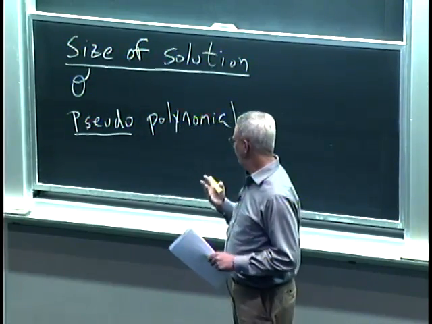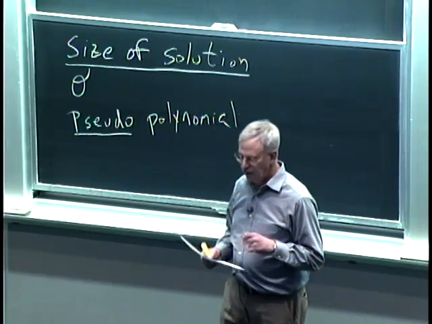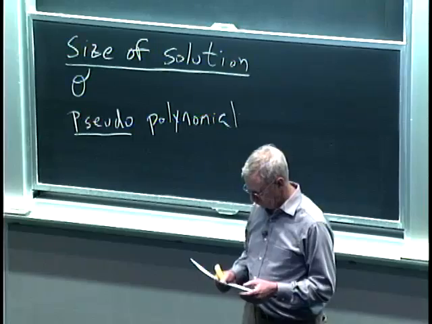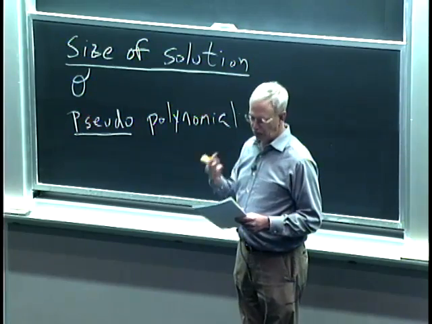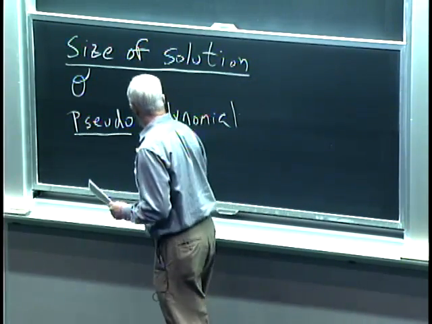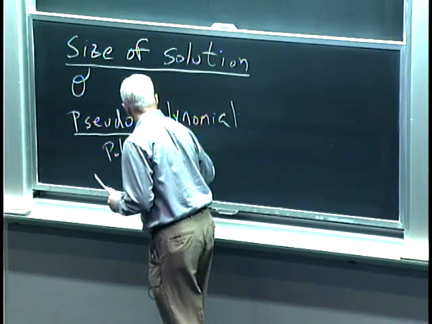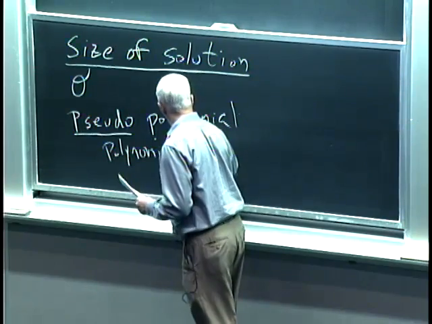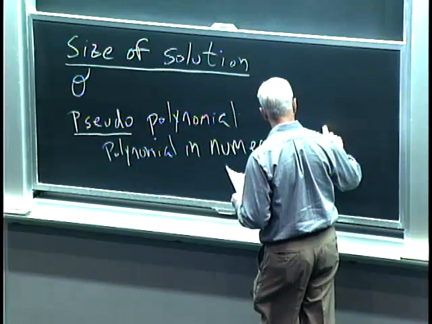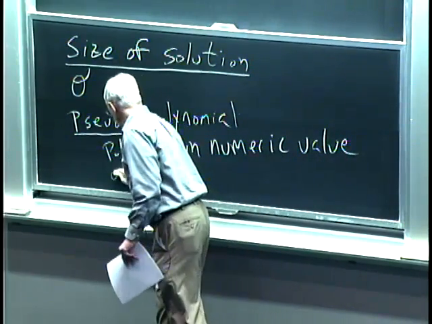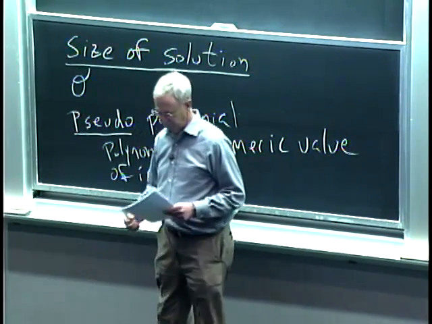More formally, and again, this is not crucial to get all the details on this, if we think about a numerical algorithm, a pseudo-polynomial algorithm has running time that's polynomial in the numeric value of the input. I'm using a numeric example because it's easier to talk about it that way.